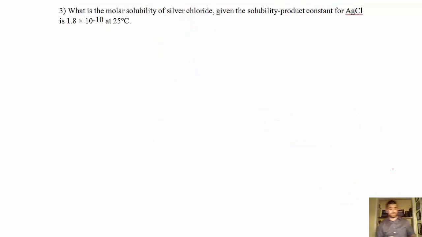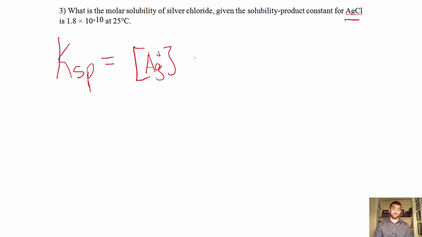All right, number 3. It says, what is the molar solubility of silver chloride given the solubility product constant for AgCl being that? So it's again another one of the KSP is going to equal, all right, well, I'm going to get 1 Ag, so it's a concentration of Ag plus to the first power times concentration of chloride ion to the first power as well, because you get 1 of each. So, well, we want to know how much those are.